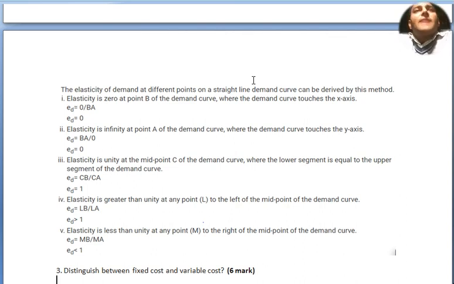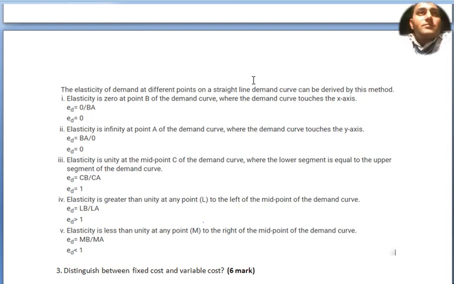Elasticity is infinity at point A of the demand curve where the demand curve touches the y-axis. ED equals BA by 0, or infinite. ED equals infinity. Okay, give the symbol of infinity.